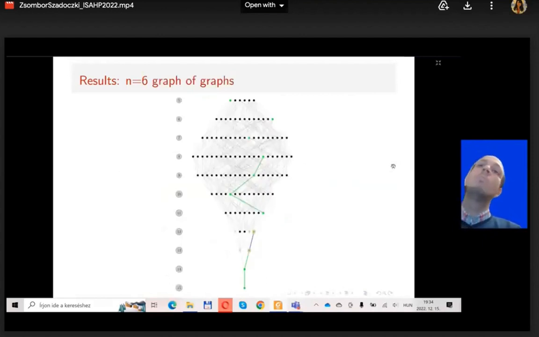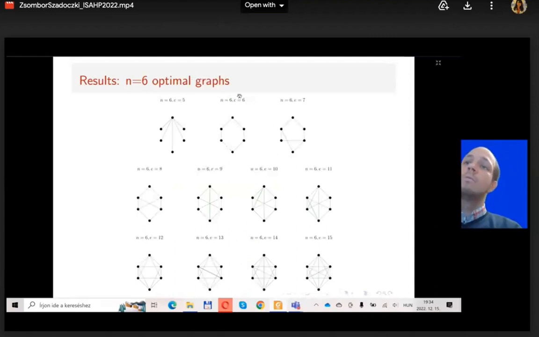But probably the most interesting case is when we have 6 alternatives. So this is still a graph of graphs, but of course, to make it visible, we only use small vertices instead of the small graphs in this case. And we only highlight the optimal cases, but still the pattern of the results is really similar.